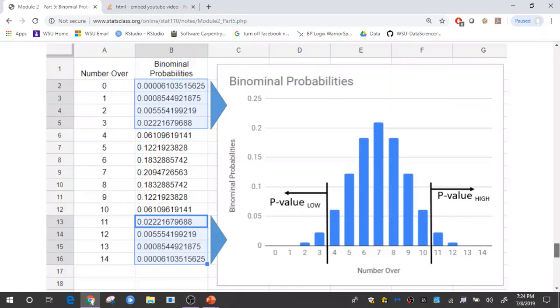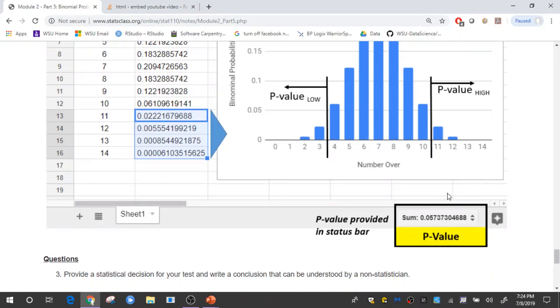When those values are highlighted like I have here, the sum of those is obtained down here in the lower right-hand corner. Down here in what's called the status bar, it actually has that sum of those cells that I have highlighted.